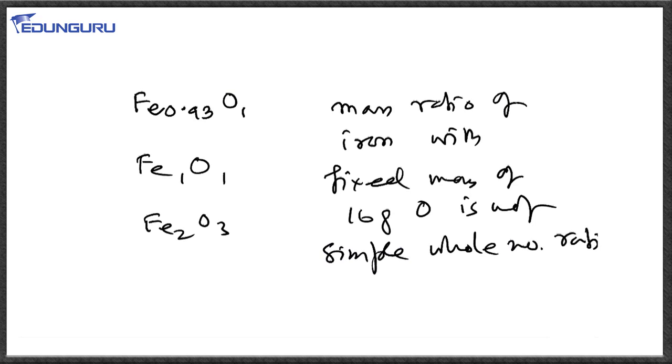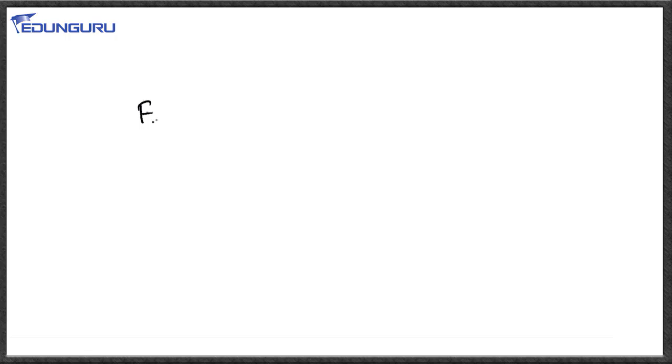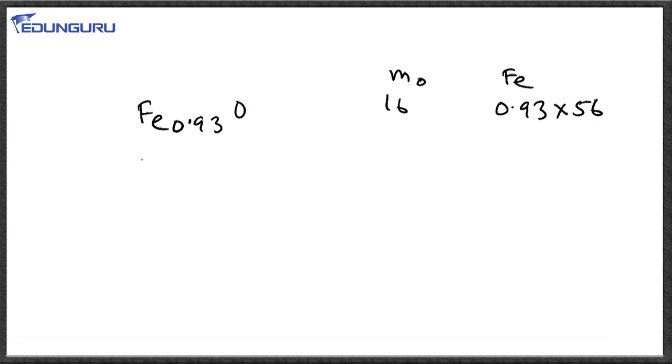We can calculate the combining mass of iron. Just look, the first compound is Fe0.93O and the second compound is FeO. So, the mass of oxygen is 16 gram, with iron it is 0.93 into 56 gram of iron.